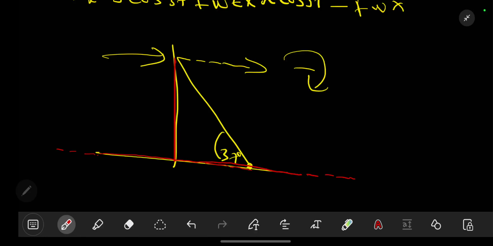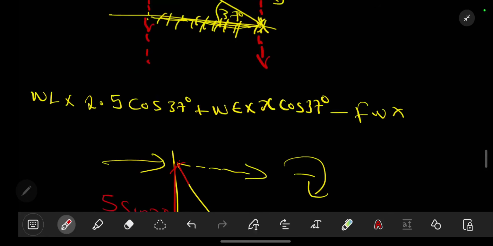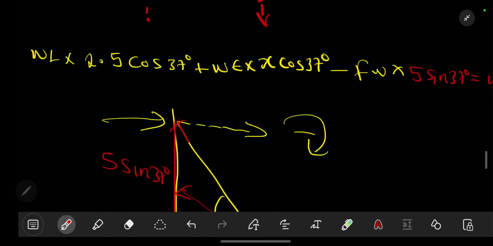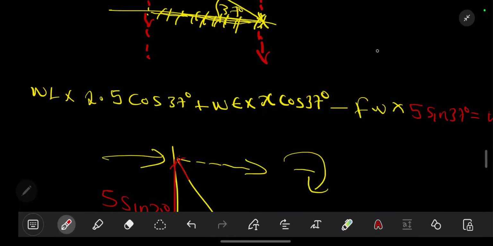Since the angle is here, it shall attract the sine. So the opposite has to do with the sine. So what is the distance from here up to here? It is 5. So we are going to say this distance is 5 sine of 37 degrees. So we are going to say times the distance, which is 5 sine of 37 degrees, should be equal to 0 like that.